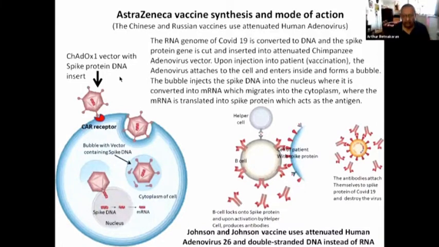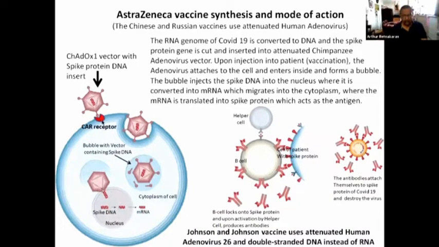Now, you know that COVID-19 is an RNA virus. So in order to take this RNA virus, they have to use a special enzyme called reverse transcriptase to change this RNA into DNA. And then once they change it into DNA, you get the DNA of the spike protein. And they insert it into this chimpanzee adenovirus vector.